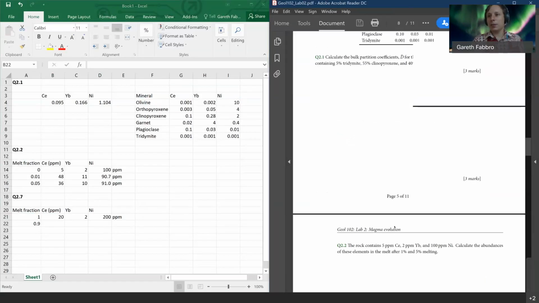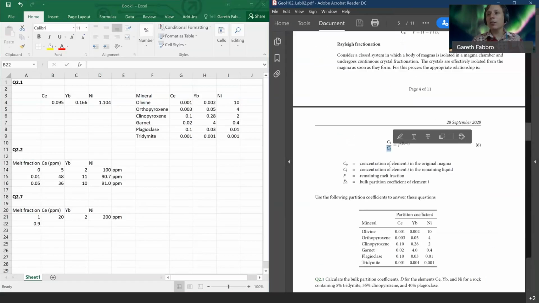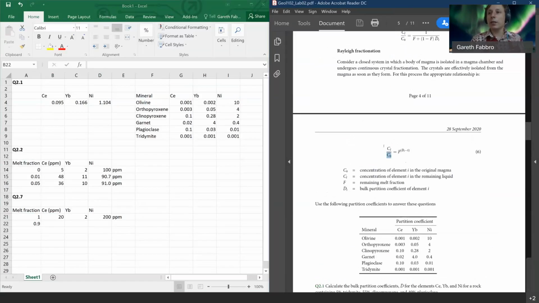So if we go back to our calculation, here we have this calculation, and remember the C0 at the bottom here, we want to move that over to the right because we want the concentration in the liquid alone, not the whole ratio.